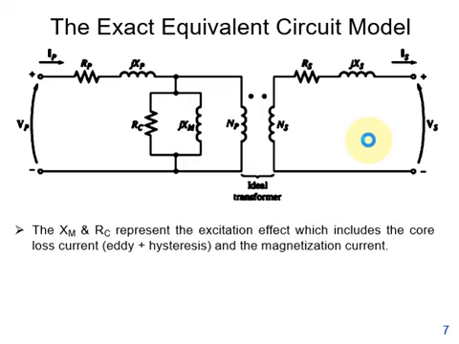The XM and RC represent the excitation effect, so we call this the parallel model included on the primary side the excitation effect, and it includes the effect of core loss current and magnetization current.